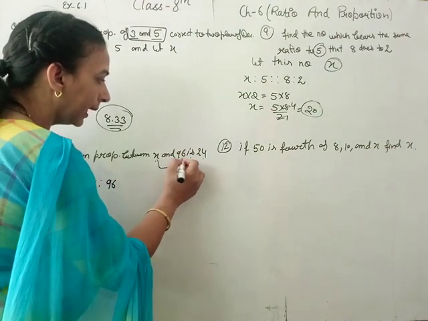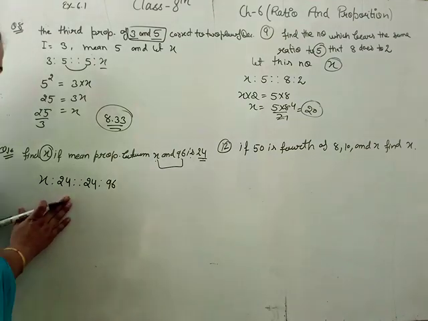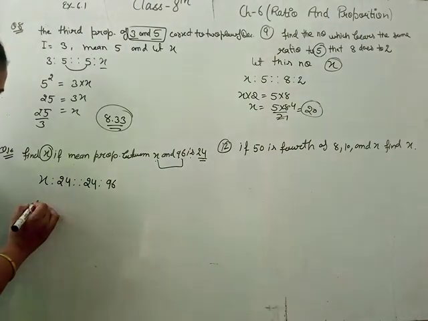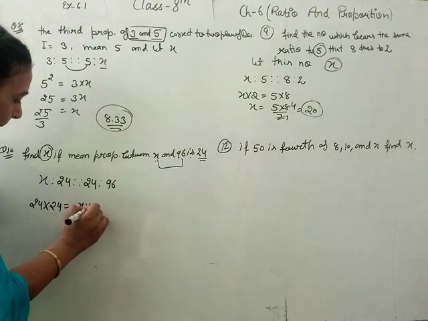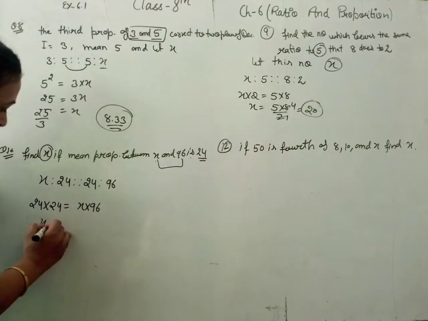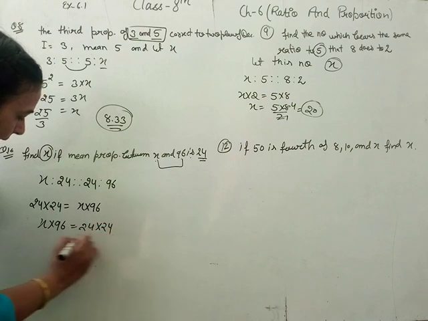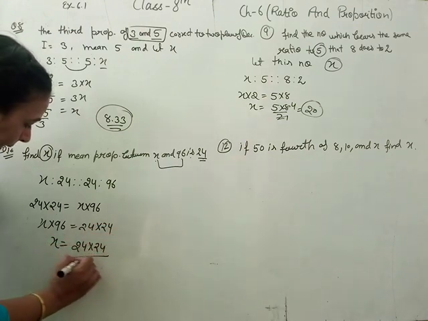First and third, and this is a mean, and these are in continued proportion. X ratio 24, proportion 24 ratio 96. Then 24 multiplied by 24 equals x multiplied by 96.